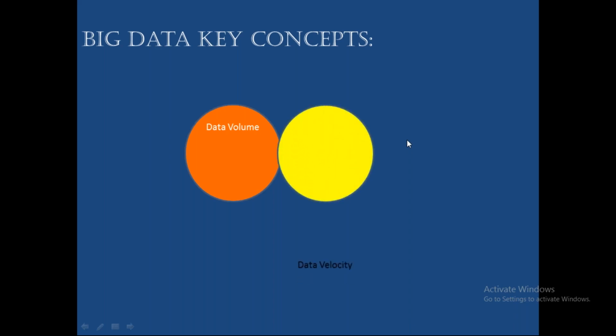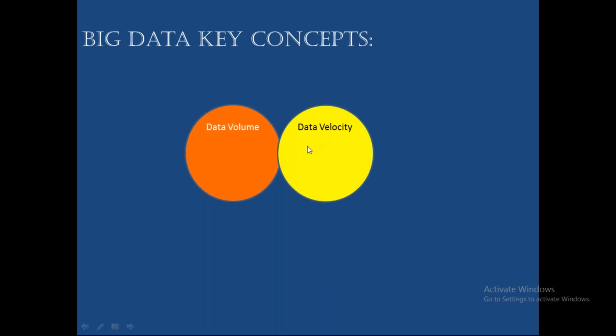Next, you need to understand data velocity, how quickly you are going to receive data. It can be 1 GB or 100 GB, but you need to understand in how much time you are going to get it: in 1 hour, in 1 day, or in 1 month.